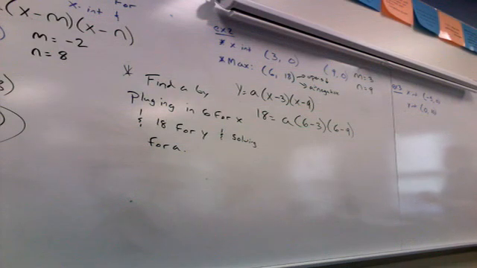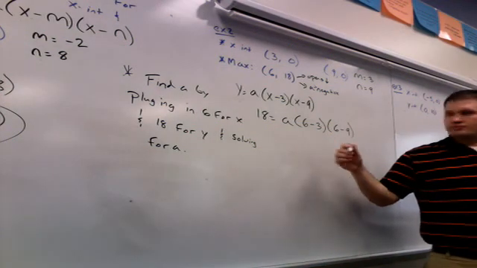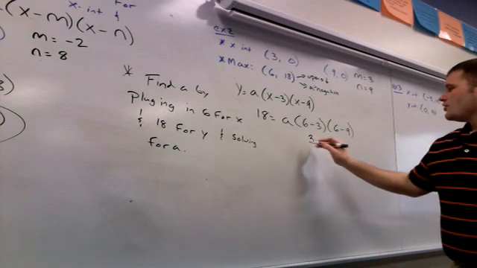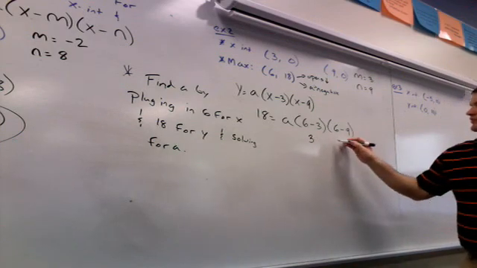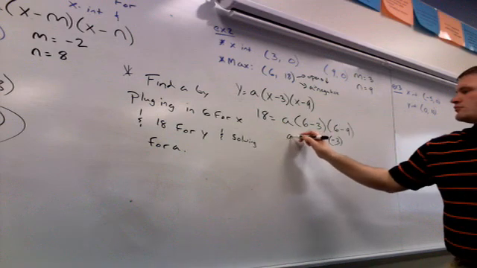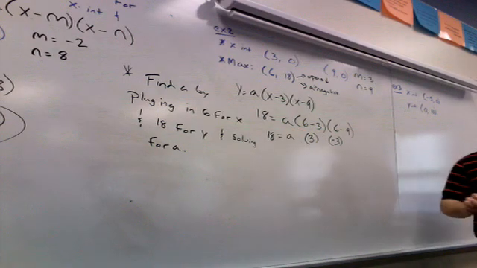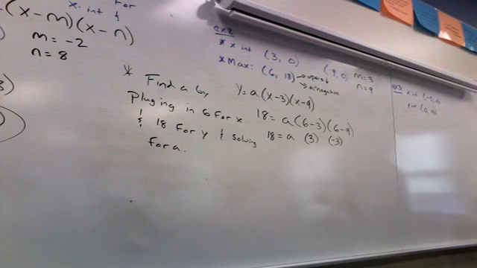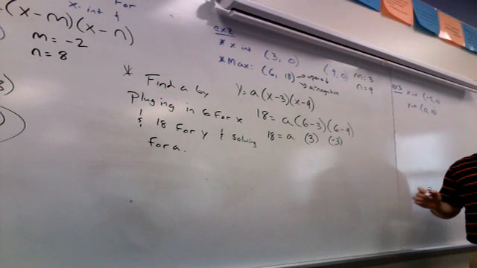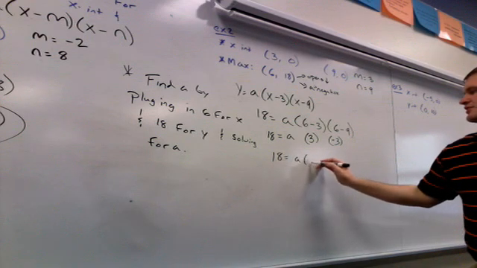What's 6 minus 3? 3. What's 6 minus 9? Negative 3. So then I'm going to have 18 equals A times 3 times negative 3. What's negative 3 times 3? Negative 9. So we're going to have 18 equals A times negative 9.